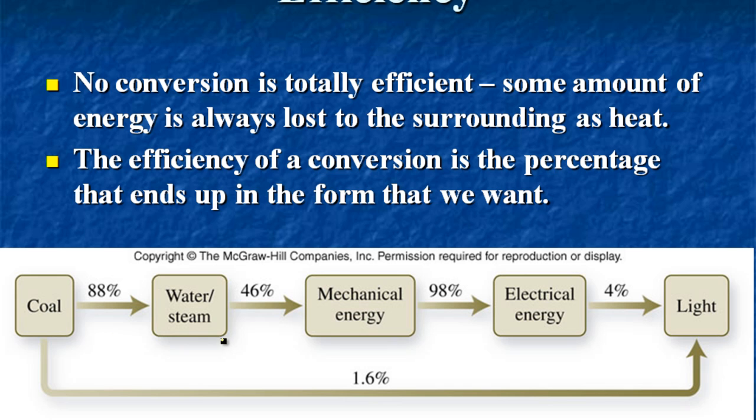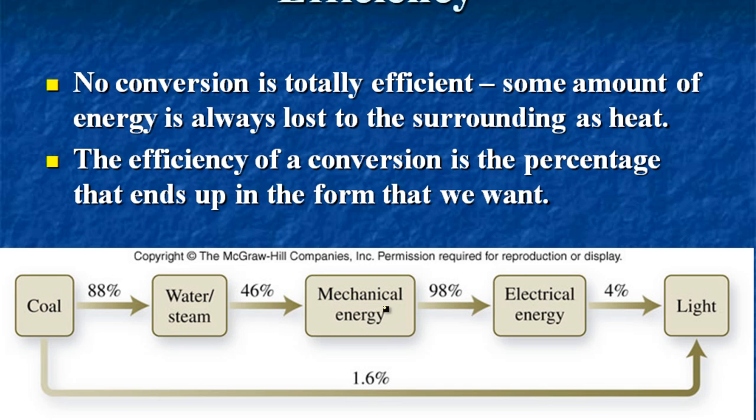Only 46% of that is being used for turning the turbines, that is, we are converting the heat energy to mechanical energy. So first you start here, 88% is transferred, and then of whatever you receive, 46% is converted to mechanical energy, turning turbines. That is what the mechanical part is.